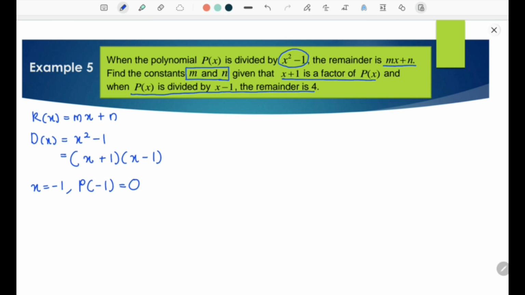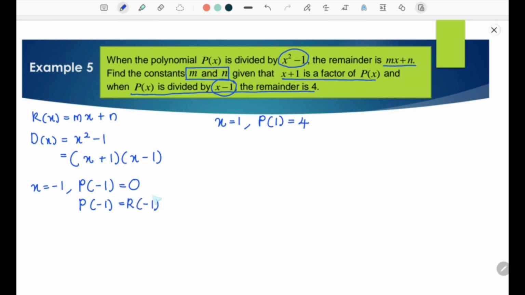Next, for x minus 1, we are going to refer to this information, which is when p(x) is divided by x minus 1, this is the divisor, the remainder is 4. Since we have the divisor x minus 1, x will equal 1. So p(1) will equal 4 since the remainder is 4. Okay, now we know that p(-1) will equal R(-1).